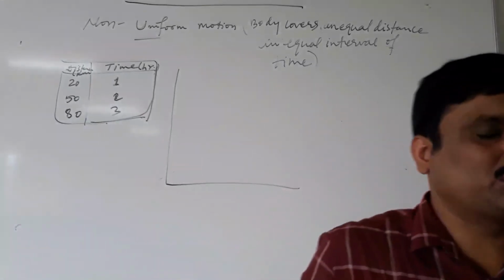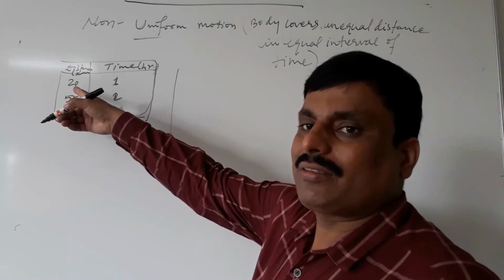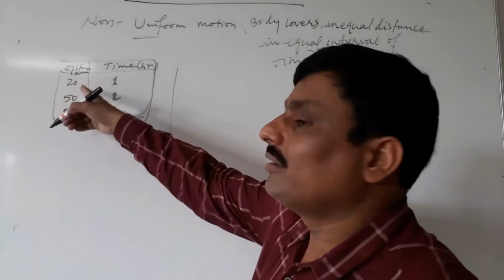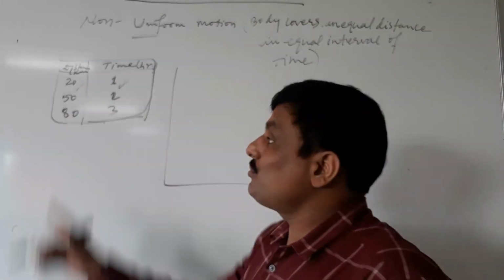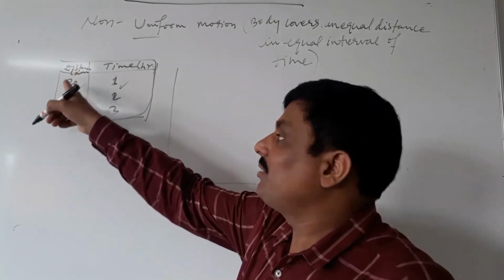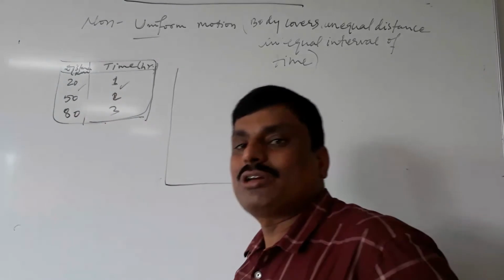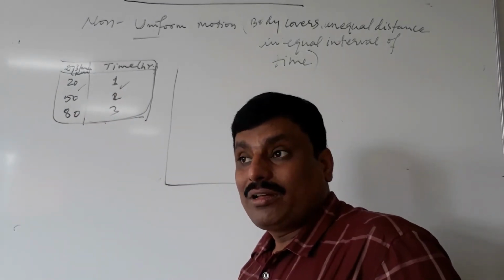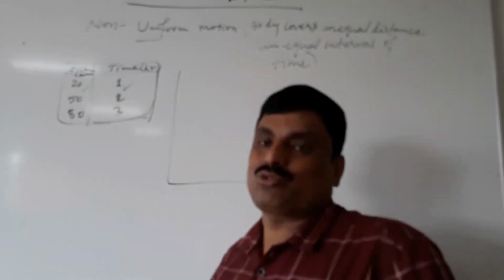Then here 80 kilometer in 3 hours. Right, like this. This shows that a body covers unequal distance in equal interval of time. The object covers unequal distance 20, then 50, then 80. It means here the line drawn in this graph will not be straight.